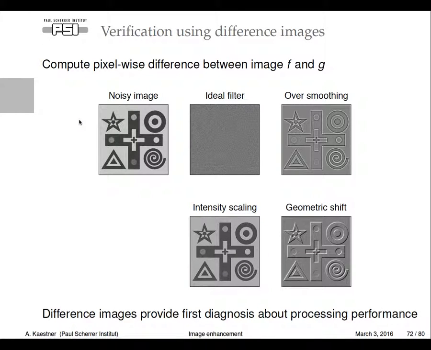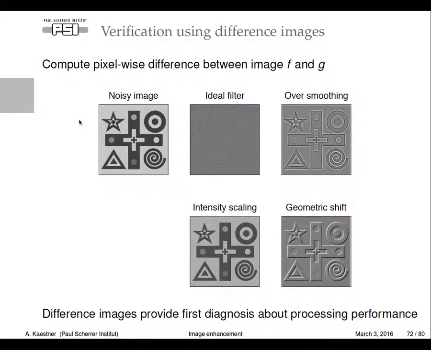So here are some examples with verification using difference images. If you have some noisy image, in the ideal case, the difference between the filtered image and the original should be just the noise. It rarely is, actually. If you do oversmoothing, then you will start seeing edges and structures in the image, which is not expected. And that means maybe you can tweak it a little bit, trying to optimize the ratio between smoothing and edge preserving.